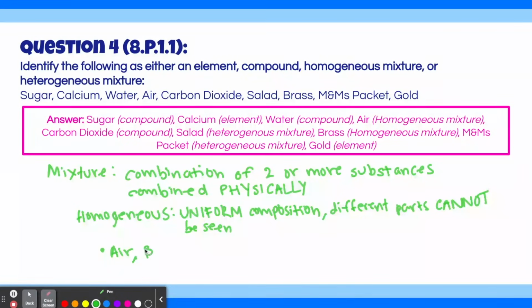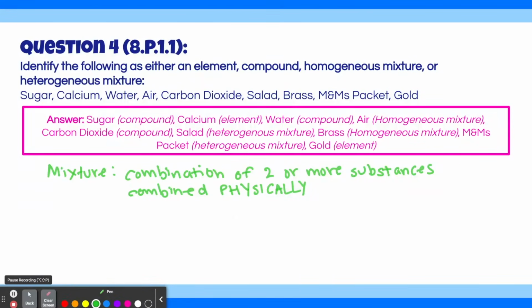And the other one in this question is brass, which is usually made up of copper and zinc. So it'll always be the same amount of copper and zinc in any piece of brass. It's important to know that mixtures can also be solids. So brass is a mixture even though it's a solid, and that's because it's a combination of other metals. Okay, so the next type of mixture is a heterogeneous mixture.